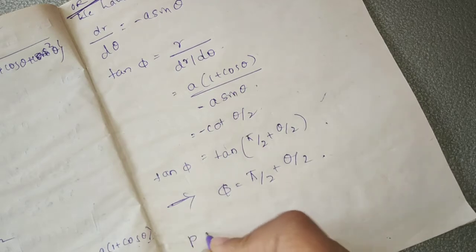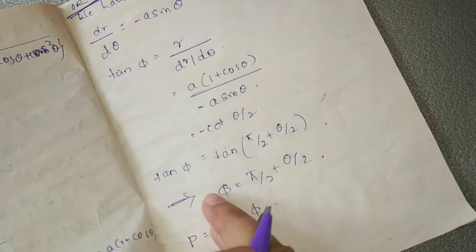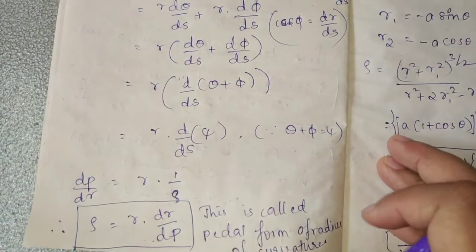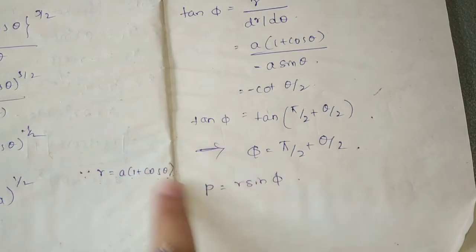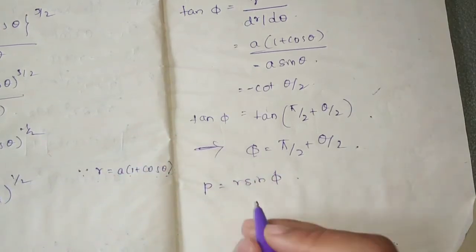According to the formula, p equals r sin phi. Am I correct? In the last class, we discussed the pedal form p equals r sin phi.